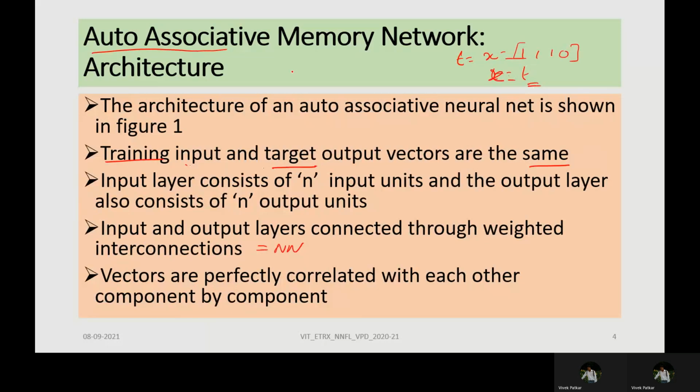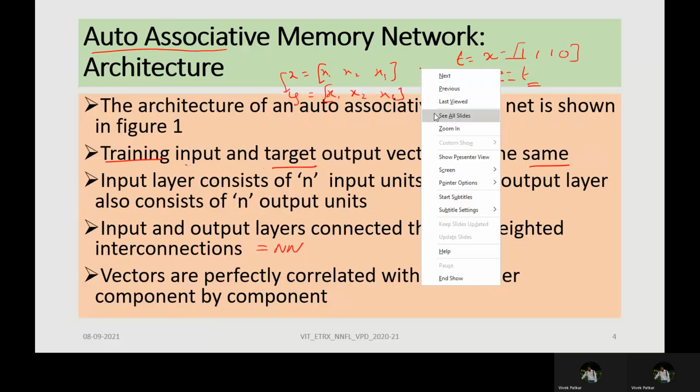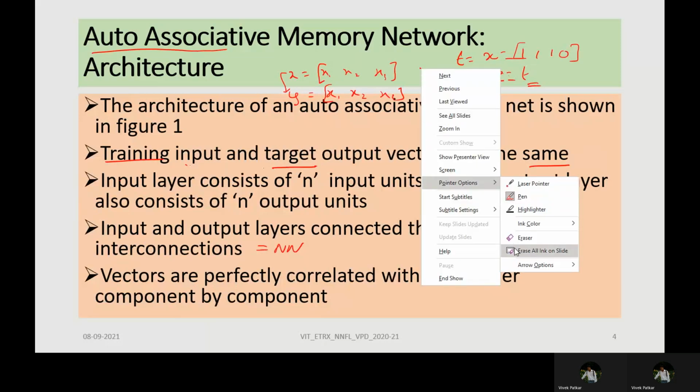If the input is x1, x2, x3, the output y will be very similar to x1, x2 and x3, because input is the same as output. That is all about the architecture.